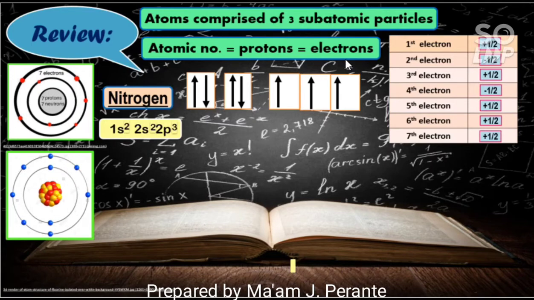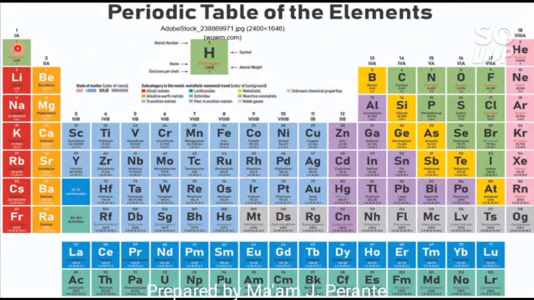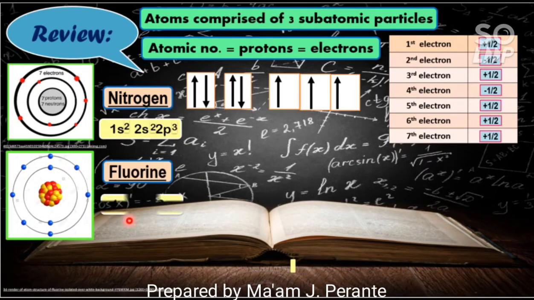Meaning the atomic number is also 9. So you have to look at your periodic table. Count 9: 1, 2, 3, 4, 5, 6, 7, 8, 9. So we found it. The element here is fluorine because it has 9 electrons, or the atomic number is 9.